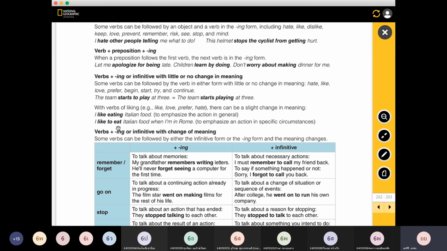But this one, you talk about in general because it's just like continuous, just like you do it again and again.